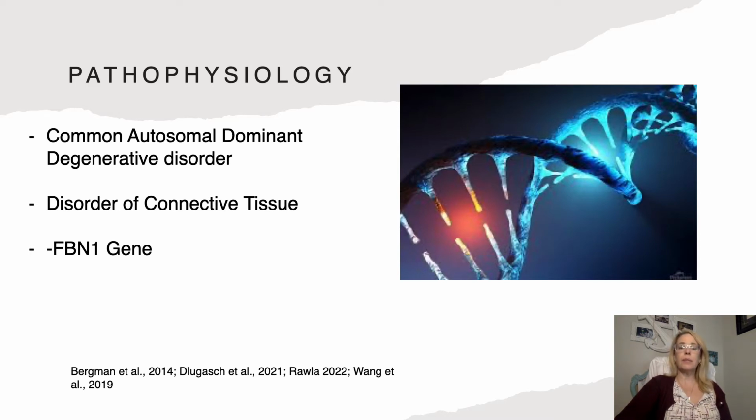This fibrillin 1 binds to others to make a thread-like filament called microfibrils. When this is not present, like in Marfan's, it causes excess growth factors to be released and elasticity to be decreased, leading to overgrowth and instability of the tissues.